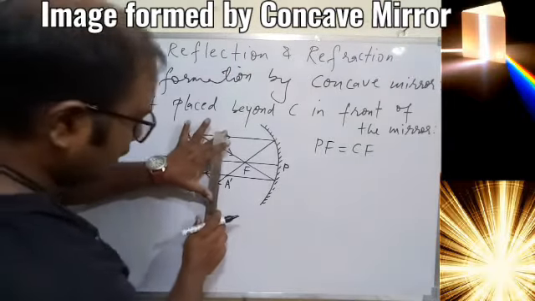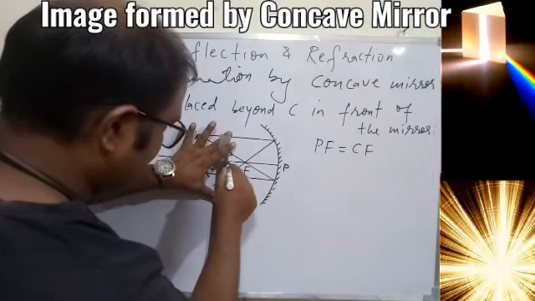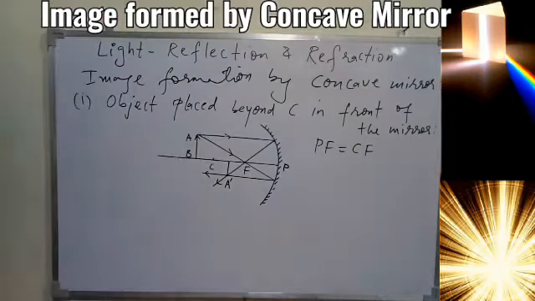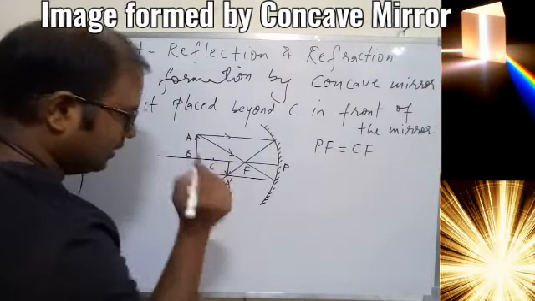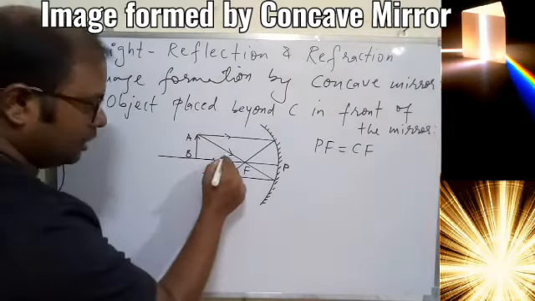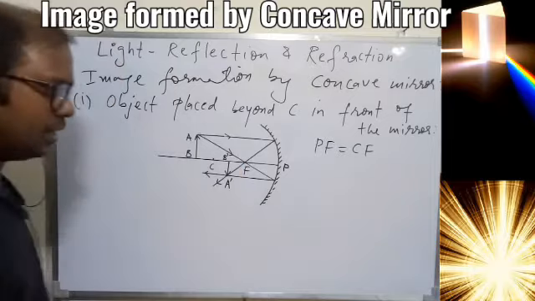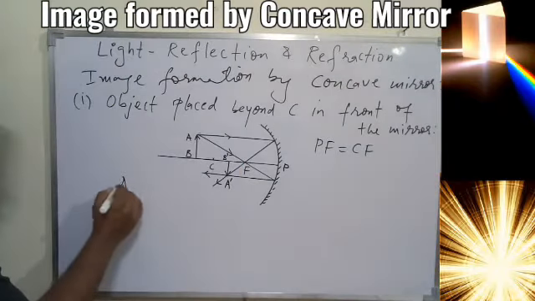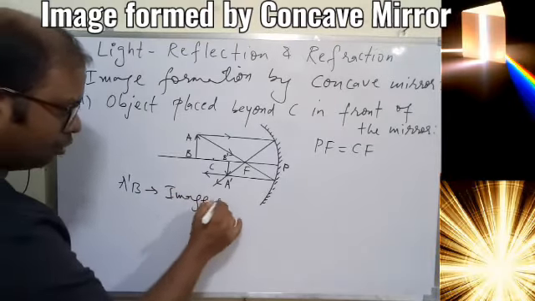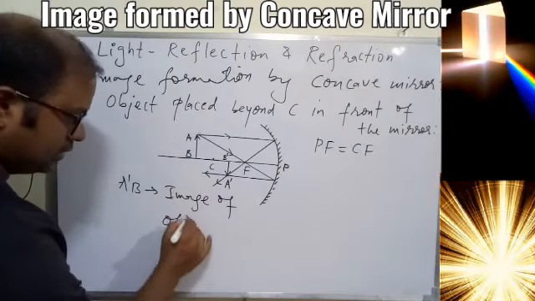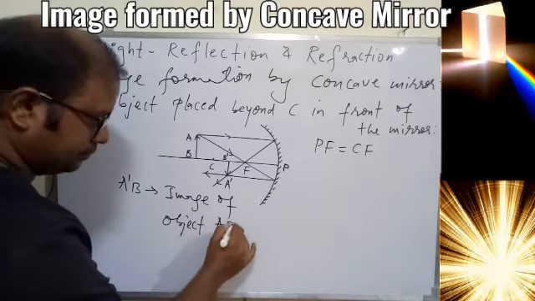We just need to connect to the principal axis with a line. Whatever you are getting here is your A prime and B prime, which is the image of object AB.